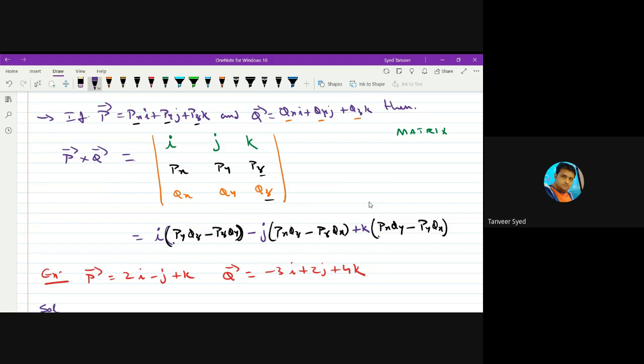They must be given in vector form. 5 Newton and 6 Newton are only magnitudes. Unless you have directions, you cannot perform this scalar product. Without given directions, you cannot find the angle. 5 Newton and 6 Newton can be in infinite possible directions. You should tell the direction of 5 Newton and the direction of 6 Newton. Then you can find the angle between them.